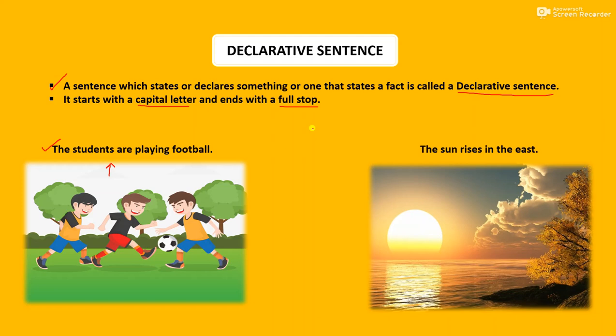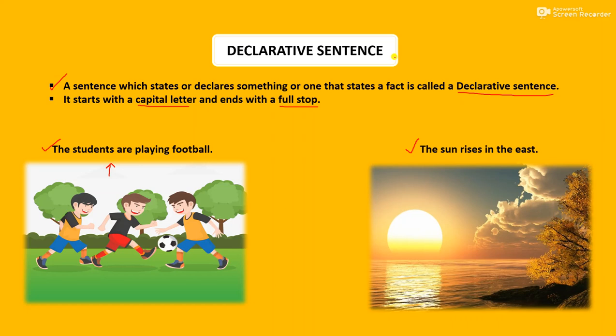Look at the second example. The sun rises in the east. Now in this we don't observe the image, but this is a reality. It's a fact and we cannot change it. So we are stating a reality, we are stating a fact, and since we are just telling the fact as it is, this sentence falls under the category of a declarative sentence.